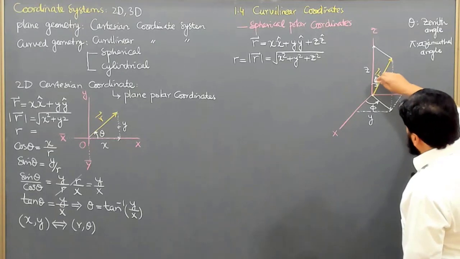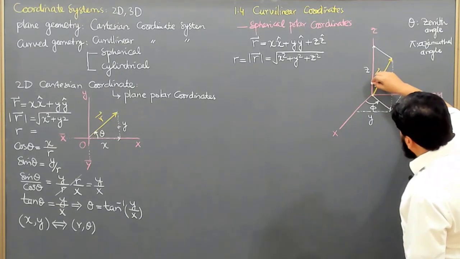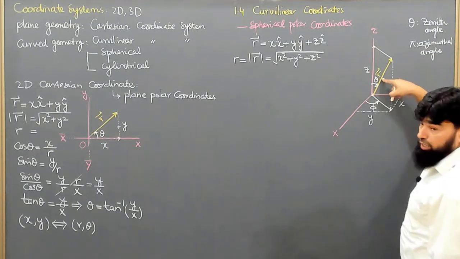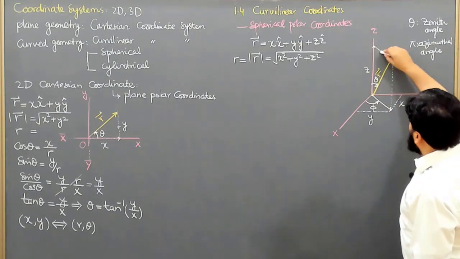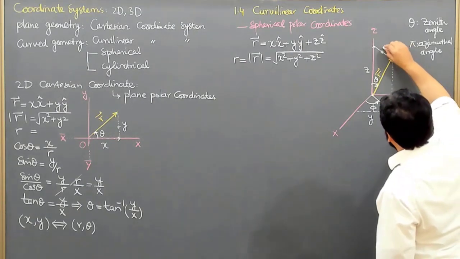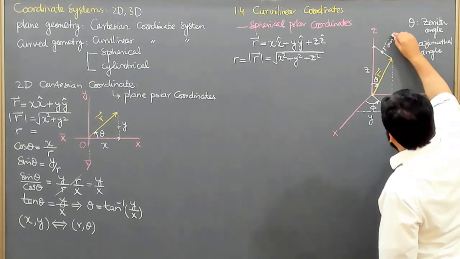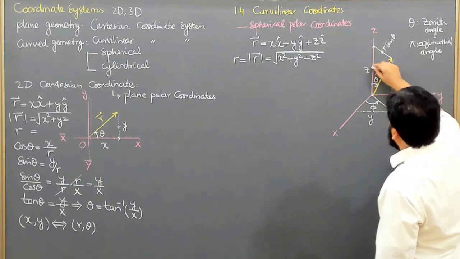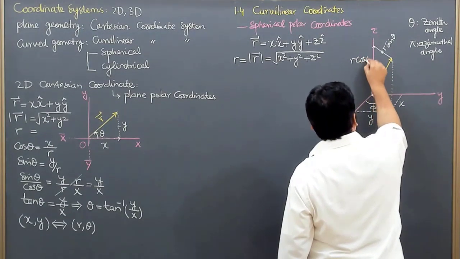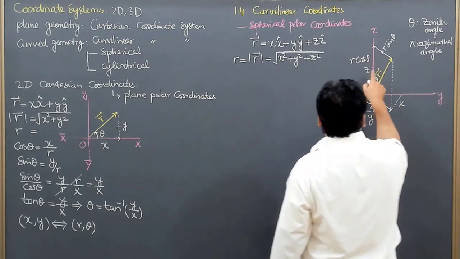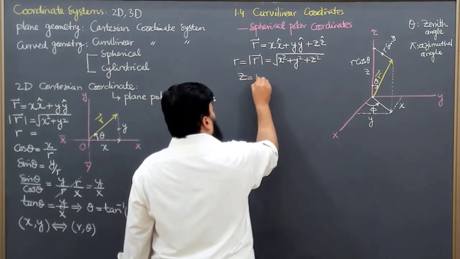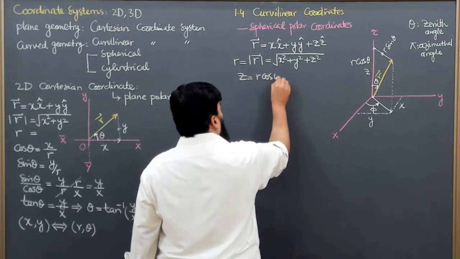The angle starts from here, so this is the base, and it reaches here, so this is the height, the perpendicular. So I will have this component equal to r sine of the angle, and this component equal to r cos of the angle. So the z component comes out to be r cos theta.